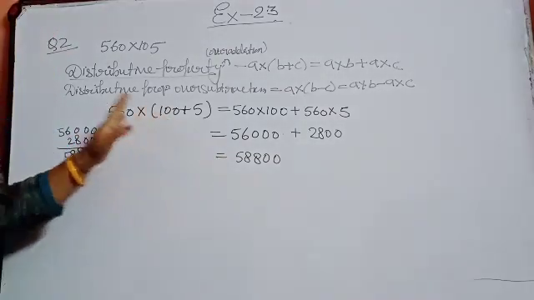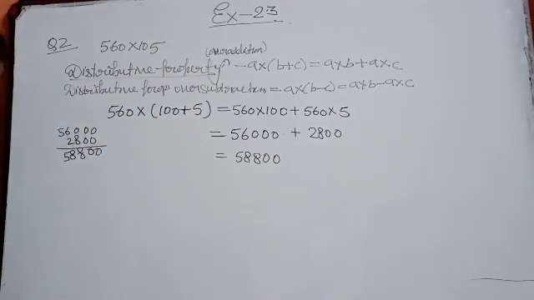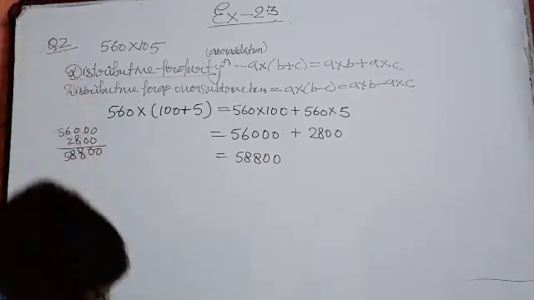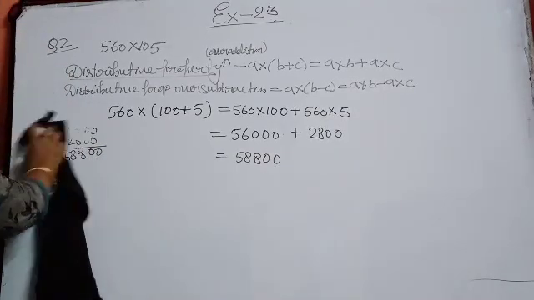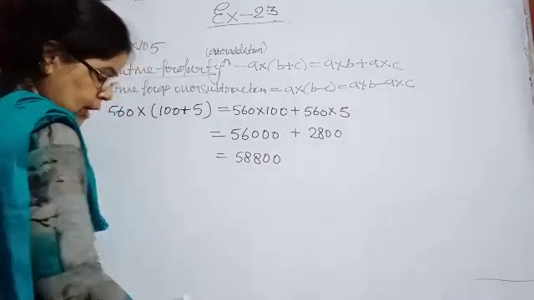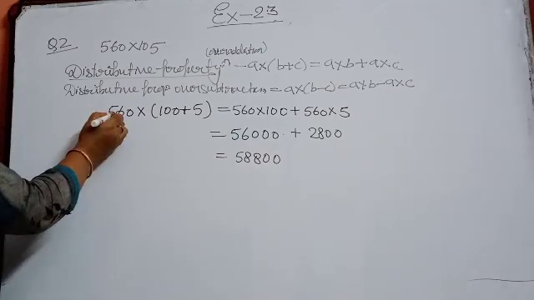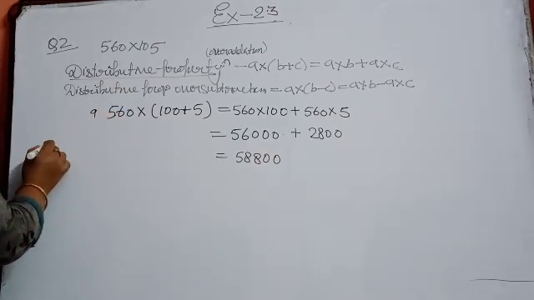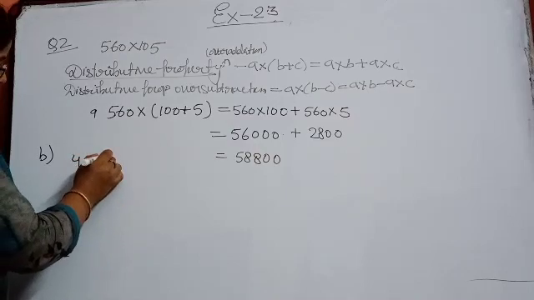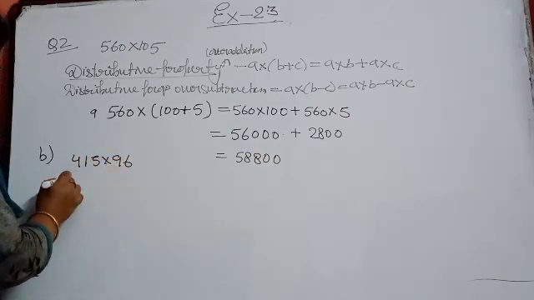If the numbers are smaller than 100, such as 99, 98, 97, 96, 95, then you write them as 100 minus something. Like that, one question I am doing. It was A part. And for B part, again I am doing 415 into 96.